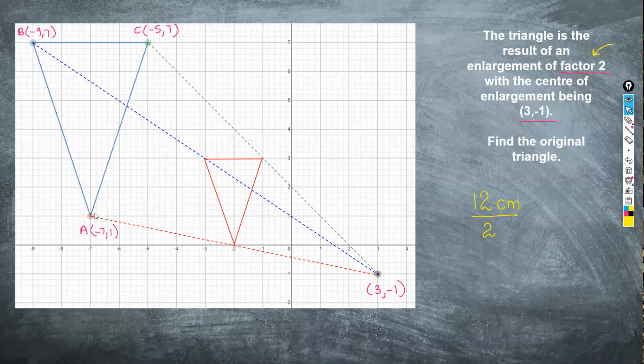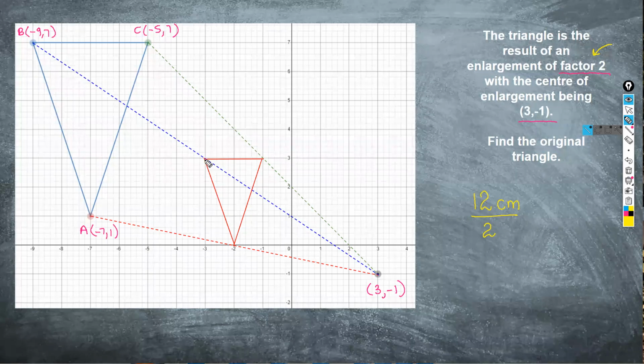Look at it. I can prove to you that this triangle is half the size of the larger one. I can take a sample side, from B to C, which was 1, 2, 3, 4 blocks. Now look at the red triangle.